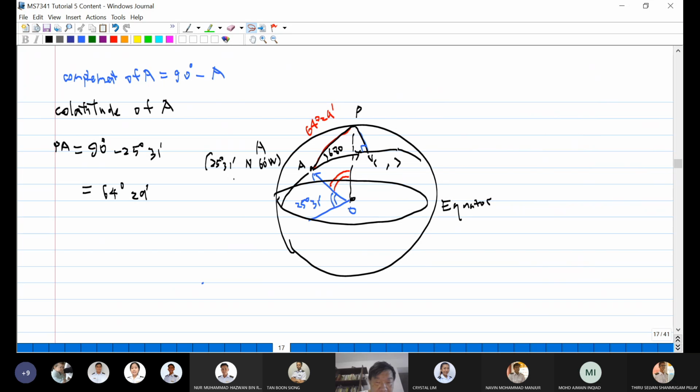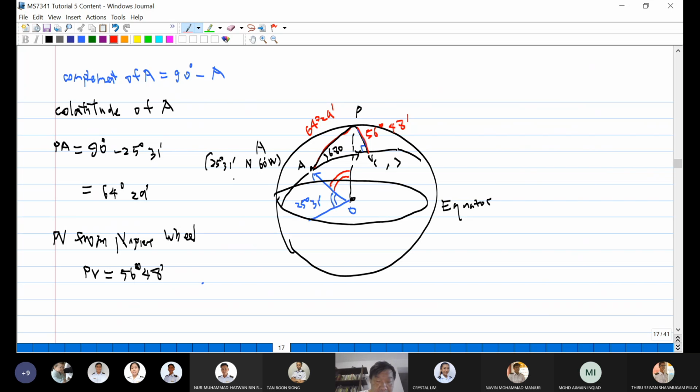So I know PV, we found out PV earlier from the previous view. PV is equal to 56 degrees 48 minutes here.